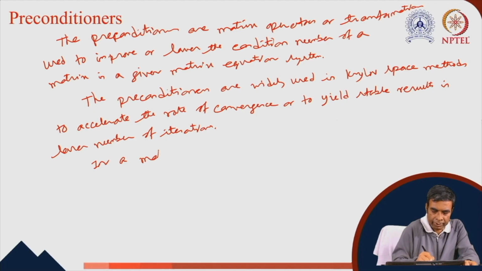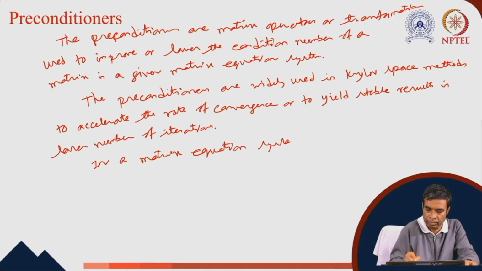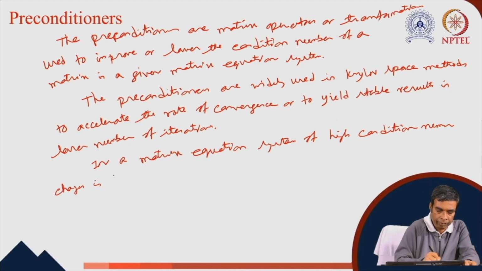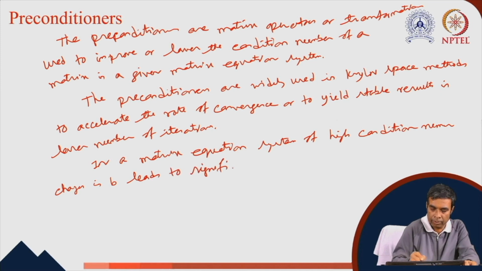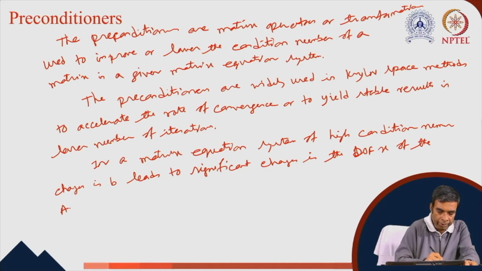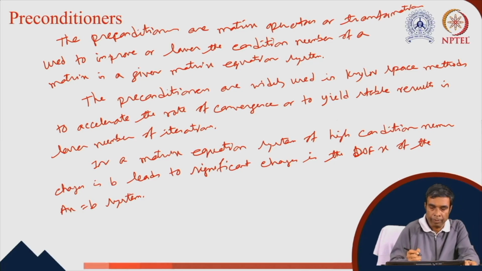In a matrix equation system of high condition number, changes in B lead to significant changes in the DOF X of the AX equals B system.